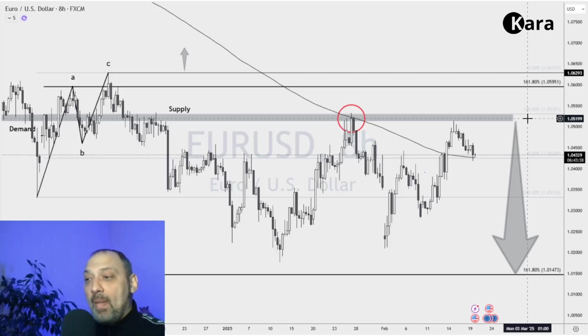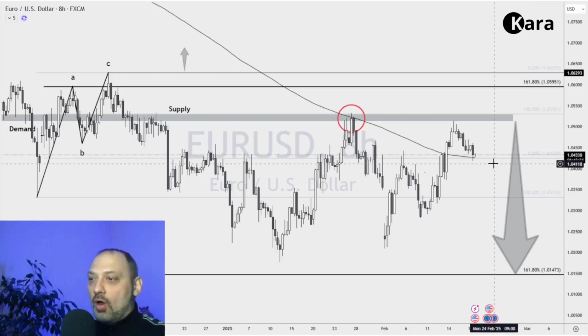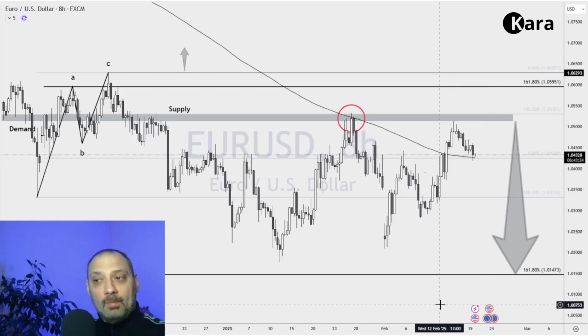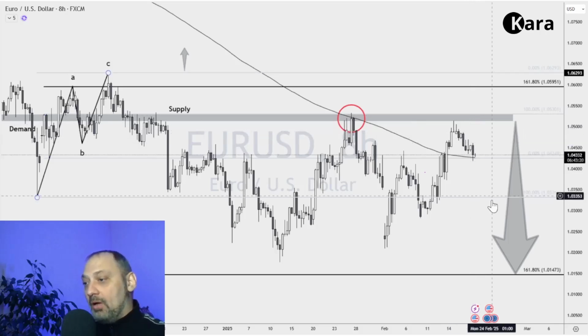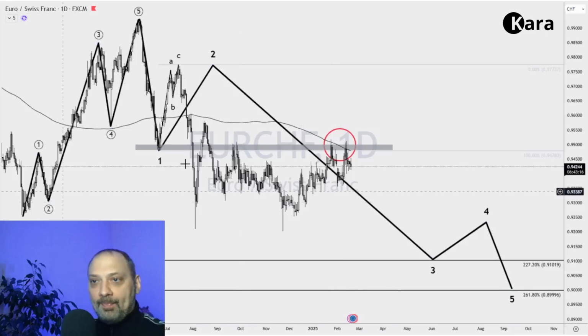So this is the massive supply area. I would expect the selling pressure only to increase, and it looks heavily bearish to me. We might be going even further down below 1. So that's quite a lot of drop for the euro, and it looks the same basically on all euro pairs.